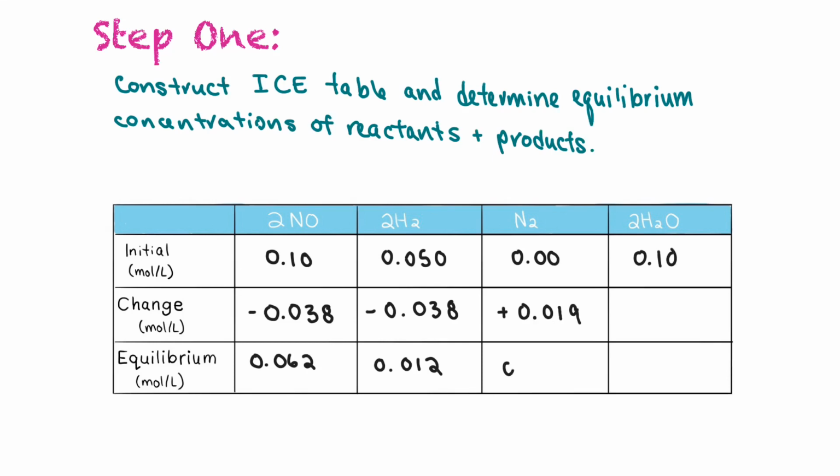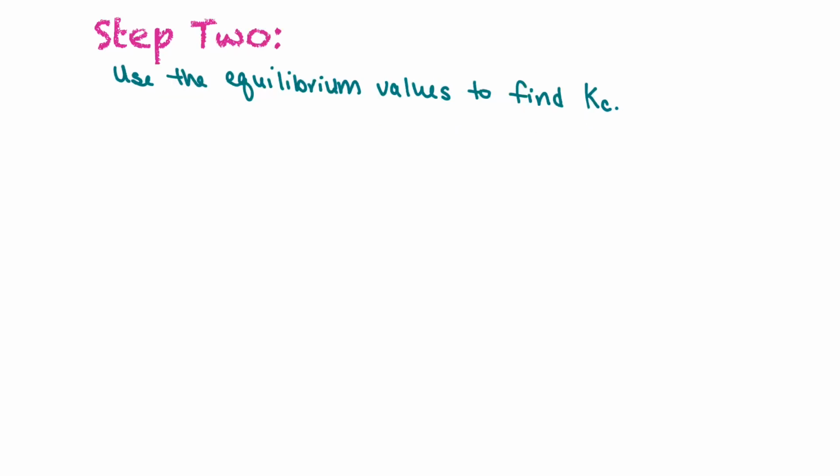So the total end concentration is 0.019. And then we take a look at water. It has the same coefficient as the others, so it's going to go up by 0.038. We'll add those together, so the final equilibrium concentration is 0.138 moles per liter.